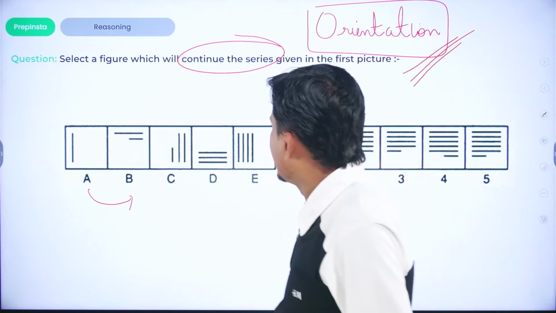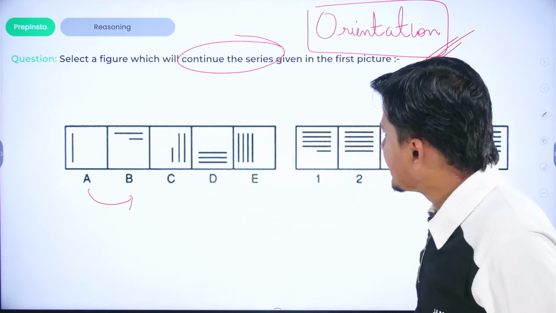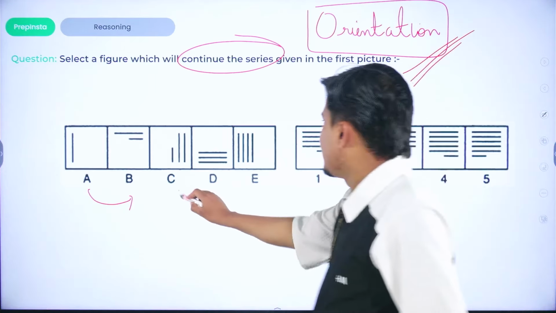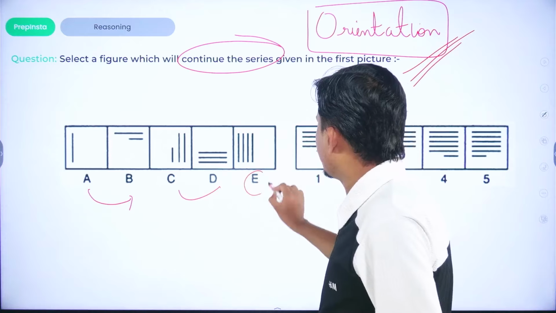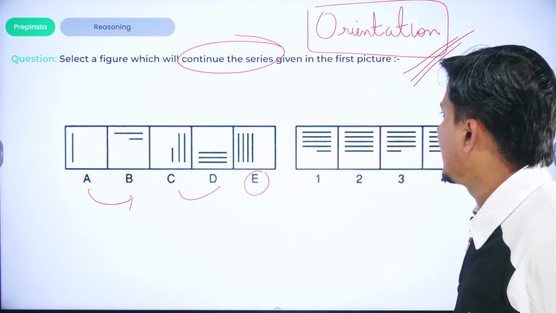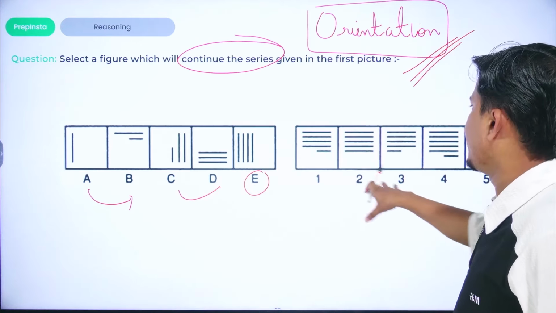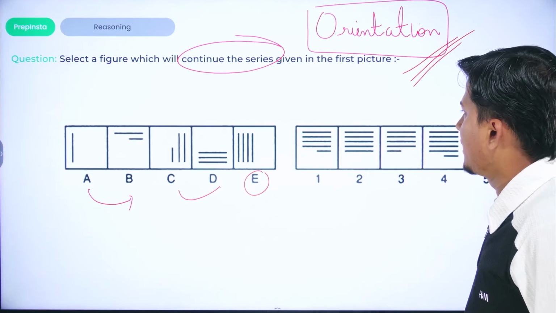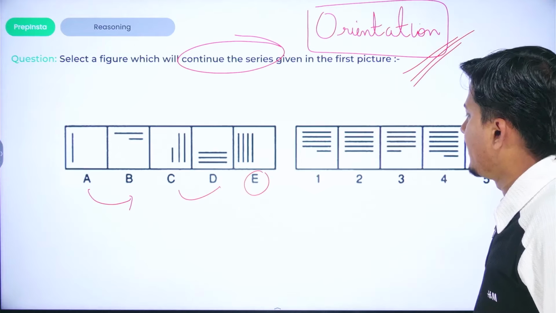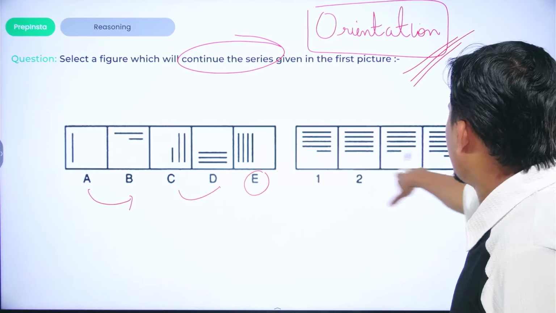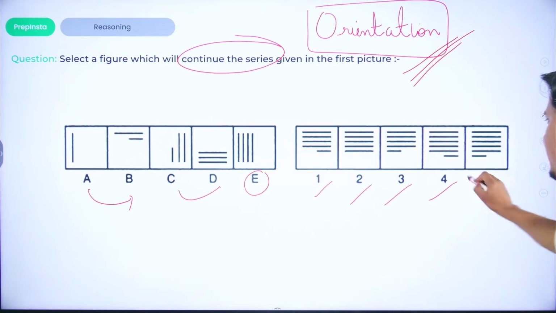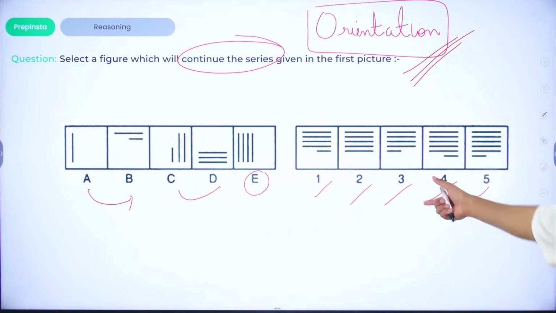In C section there are two complete lines and a half line. In the fourth portion we are given 3 complete lines, and in the fifth portion we are given 4 lines. So what would be the right answer to the given conditions? If we look very carefully at all these alterations and all the options, option 1, 2, 3, 4, 5, we need to find out which figure will continue the series given in the original picture.